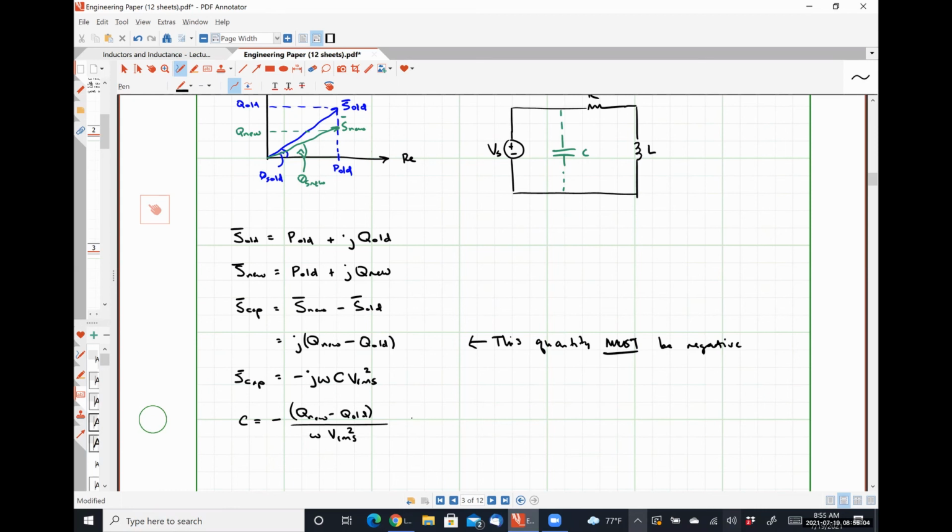I want to say that it is P old, which is a constant quantity, times the tangent of theta S old minus the tangent of theta S new, divided by omega V RMS squared.